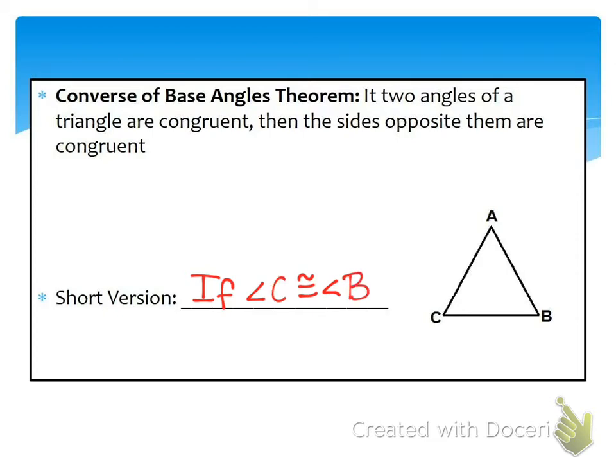Now we start with congruent angles, then we can conclude that we have congruent sides. So what side is opposite angle C? Side AB is congruent to which side? AC. The ones across from or opposite them. So we conclude that those sides are congruent.